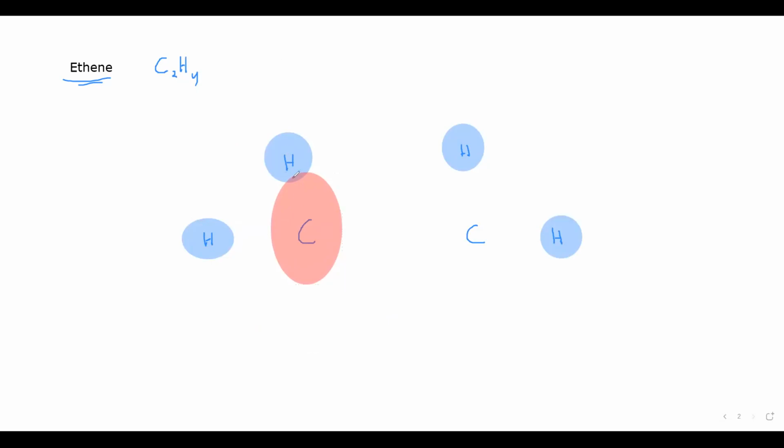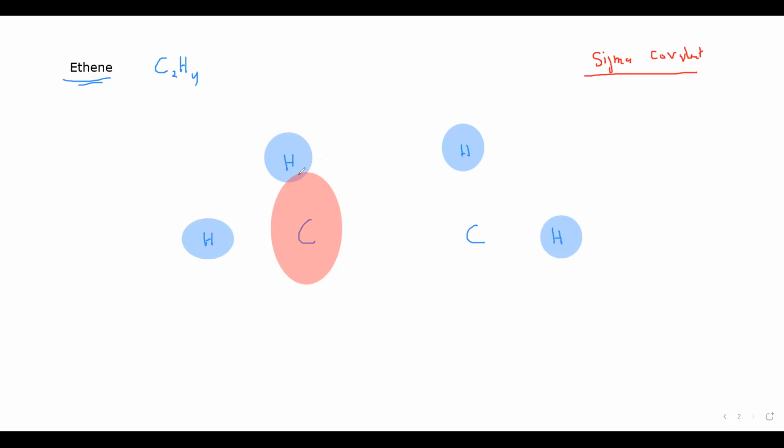When you can see the overlapping and the overlapping is complete, this will be a covalent bond. And when overlapping is complete, what do we call this bond? We call that a sigma covalent bond. What is the meaning of a sigma covalent bond? A sigma covalent bond is formed by complete overlapping of the orbitals. You can see this part, the orbitals are overlapping.